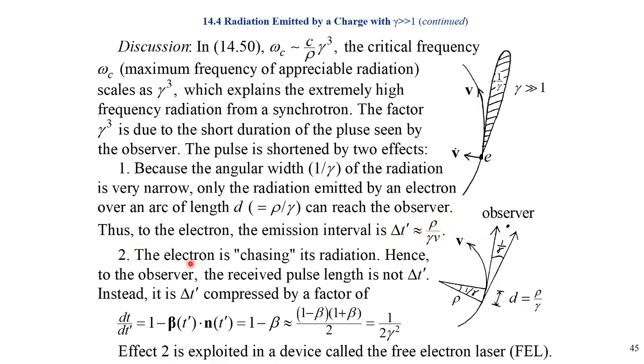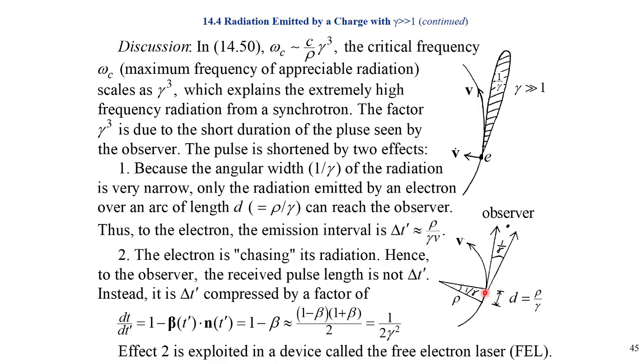Second, the electron is chasing its radiation. When an electron emits its radiation, it also moves, and the radiation moves at a speed very, very close to the speed of light. Therefore, this shortens the pulse.